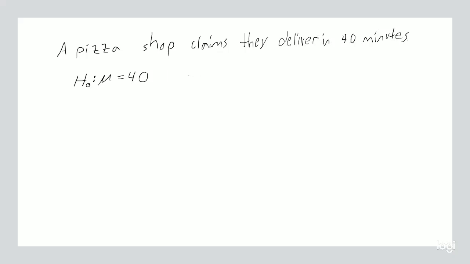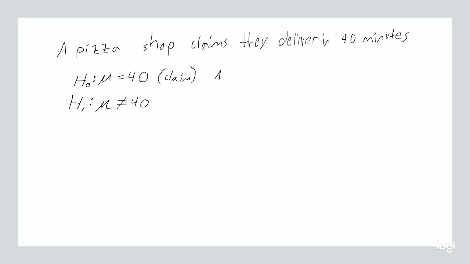Okay? The alternative hypothesis, sometimes written H sub 1, other times written H sub A, this is what would negate your assumption, in this case, that it's not equal to 40. And the claim, in this case, that's made is the null hypothesis. Okay, the shop is claiming that the population mean is equal to 40.